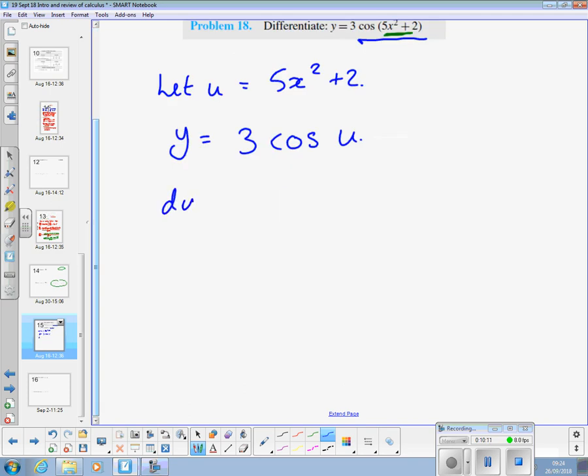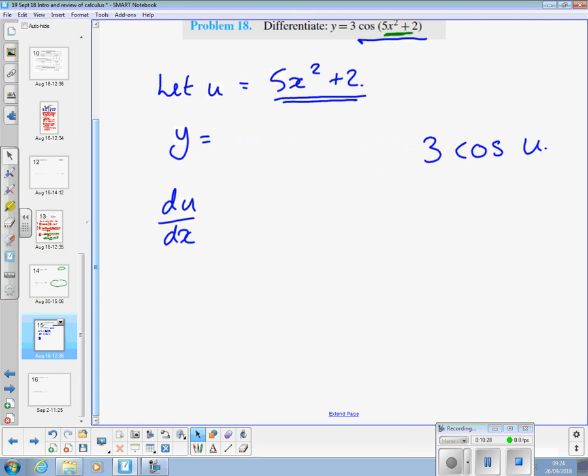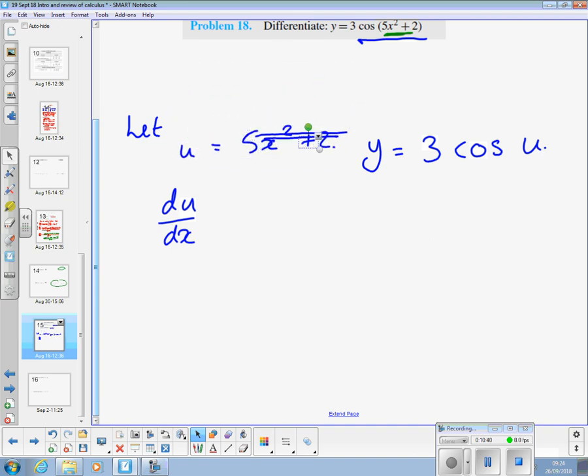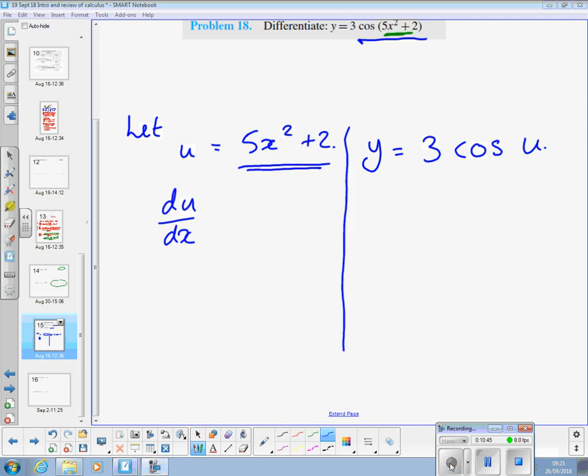Now differentiate this, and do what I usually do: split the board. du by dx, so differentiating here, what do I end up with? 10x, constants lose it. dy by du, minus 3 sine u using the table.